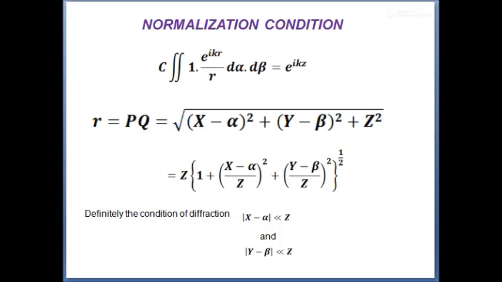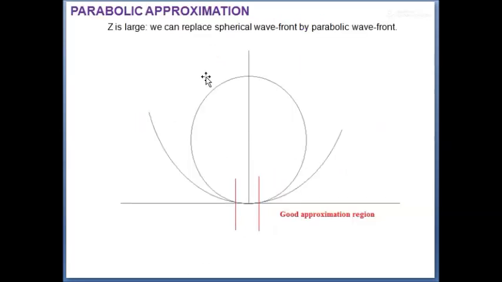So as this is the parabolic equation, if Z is very large, then we can replace the spherical wavefront by a parabolic wavefront for a good approximation. Within this small region, this sphere can be shifted towards this direction or this direction. So for a good approximation, I can assume this sphere as a parabolic one. There will be no problem at all.